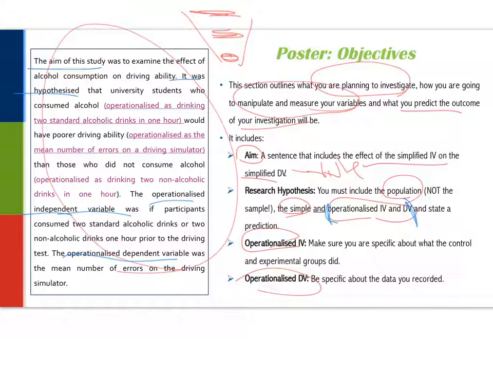For our operationalized variables, of course, we have to be much more specific. So in terms of context dependent cues, remember, we had people learn a list of words while smelling lavender and then recalling that same list of words when smelling lavender for one condition.